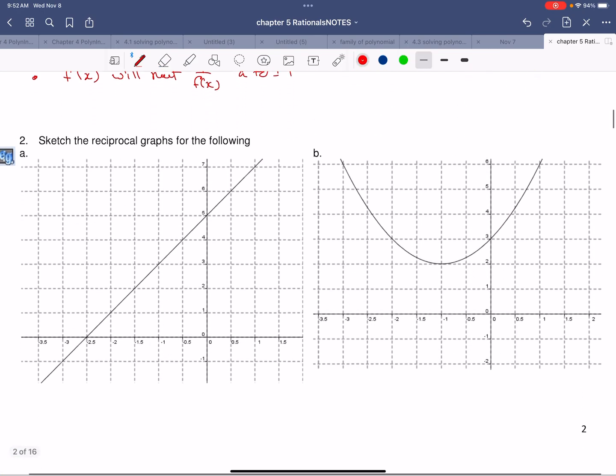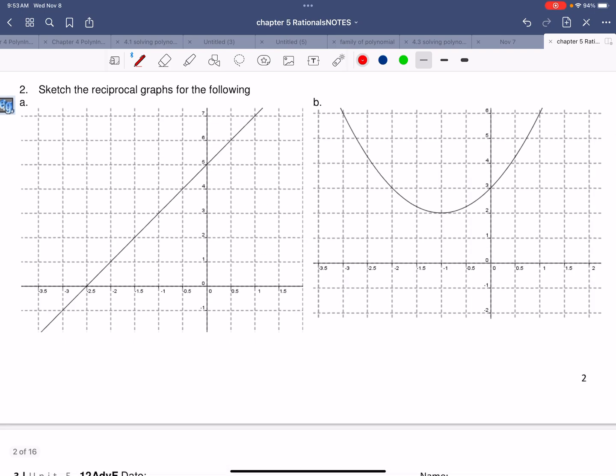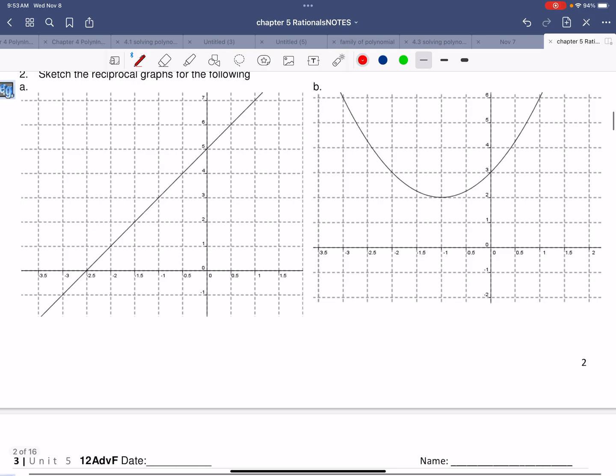Okay, so we're going to try to sketch the reciprocal of the graphs given those graphs. The first thing that you're going to do is start by placing your vertical asymptote. So wherever you have an x-intercept, that becomes your vertical asymptote.